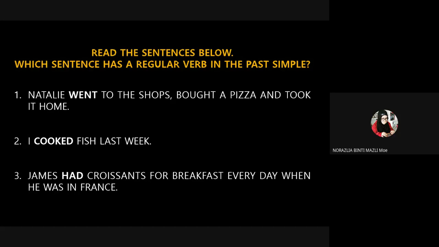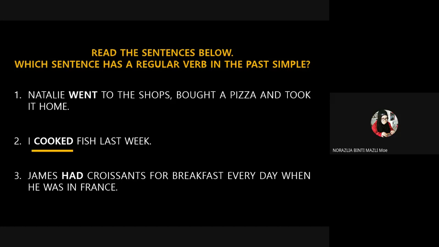When comes from which base form? Go. Very good. Go becomes went, it changes completely. So that one is irregular. You are right, number 2 is the answer.